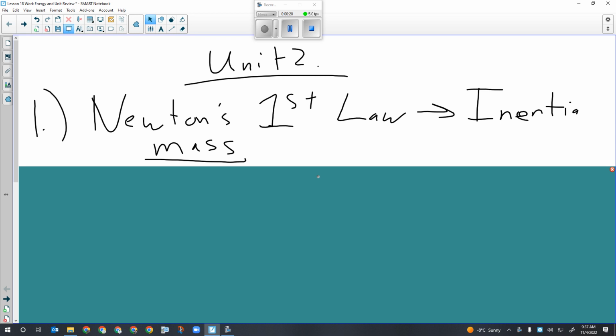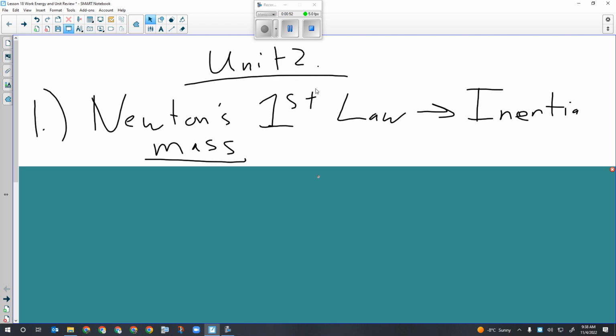Now, is there any math to do with Newton's first law? Is there going to be any problem solving to do with Newton's first law? No, because what's happening in Newton's first law? Nothing. An object is either traveling at a constant velocity or not traveling at all.